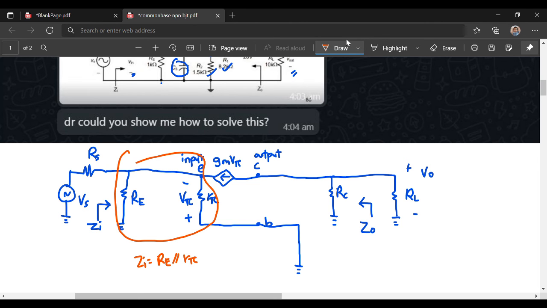However, the current flowing through RE is IE, and the current flowing through R pi is IB. So there is a huge difference between both currents, so we cannot directly parallel the resistors like this.